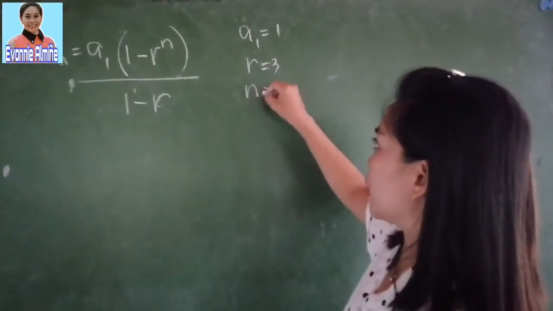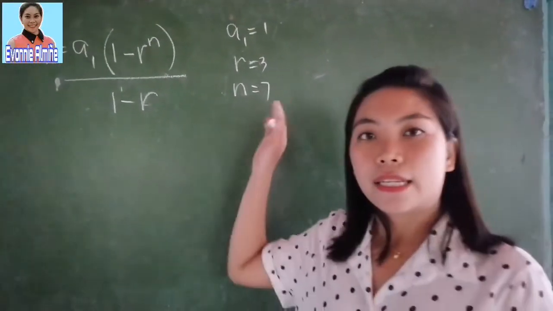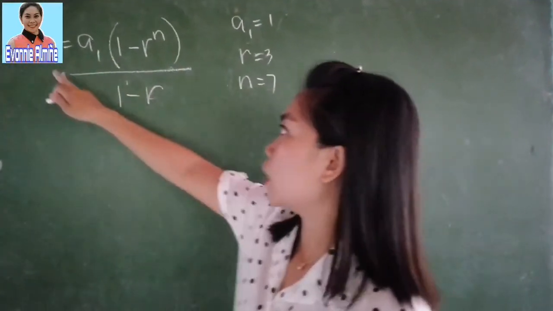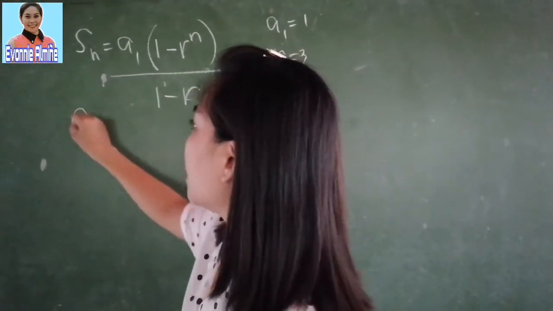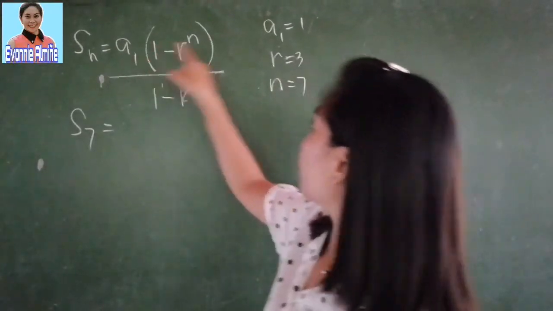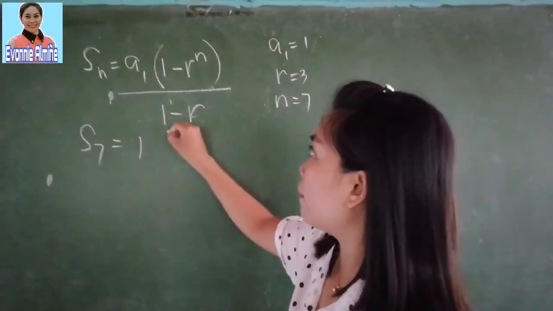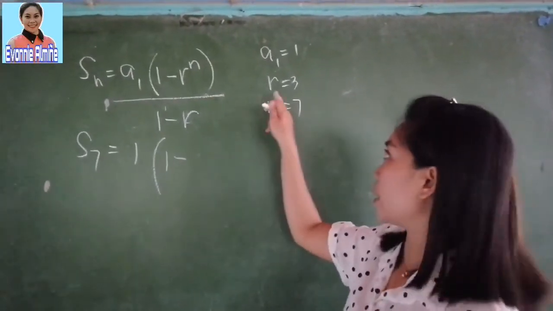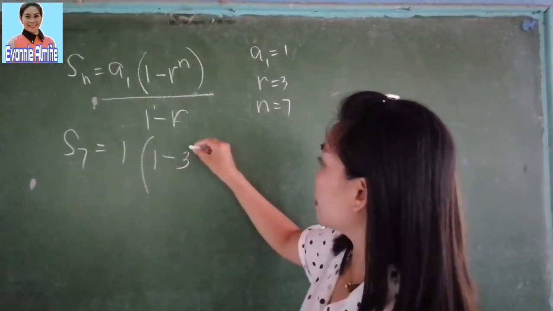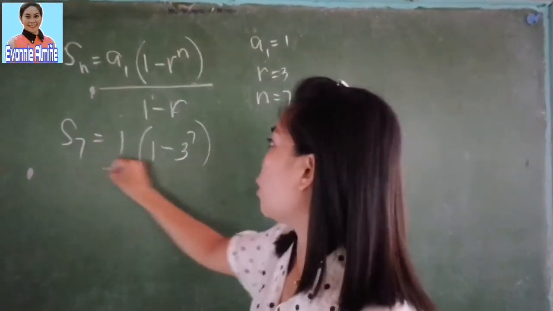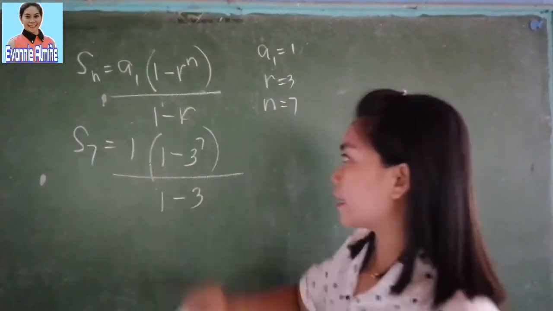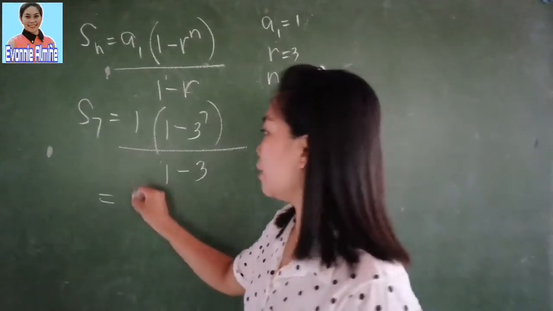Therefore, the number of terms is 7. Now, substitute natin sa mga kailangan natin i-substitute. So, S of 7, the first term is 1. Quantity of, bring down 1, minus, the common ratio is 3, raised to 7, over 1 minus 3. Now, bring down 1.